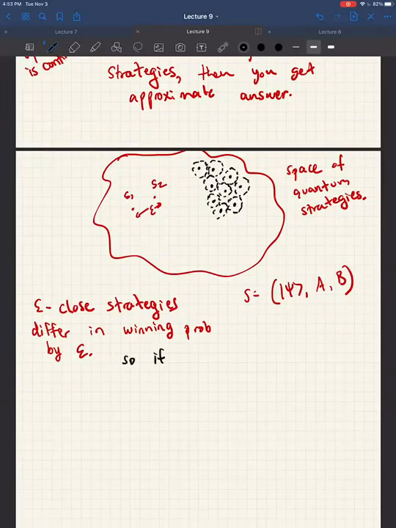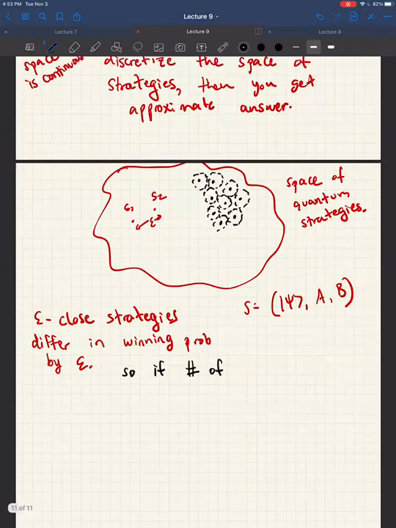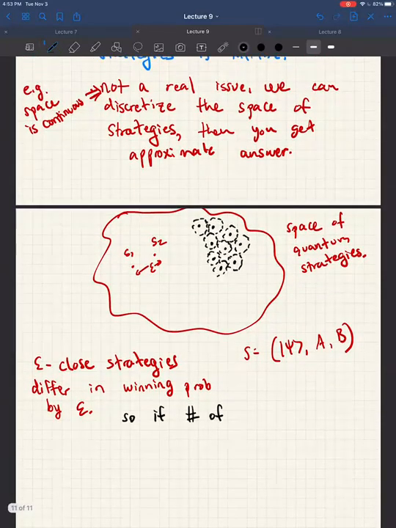So then strategy space varies smoothly in winning chance. Yes, that's one way of defining it. Anyways, that's correct.